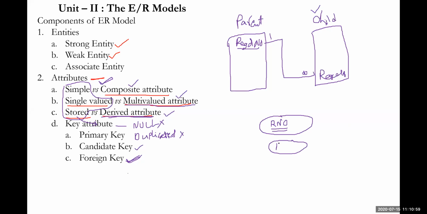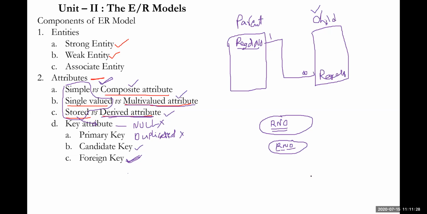Whatever foreign key you have as per your design, it could be shown like this. Sometimes it could also be a dotted line. If you have a dotted line, then obviously that could also be considered a foreign key, either double underline or dotted line.